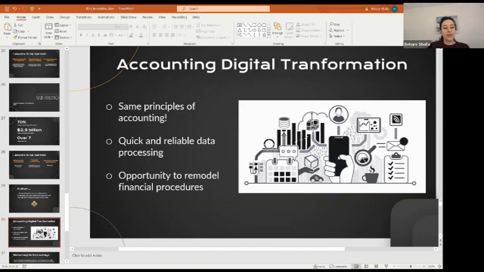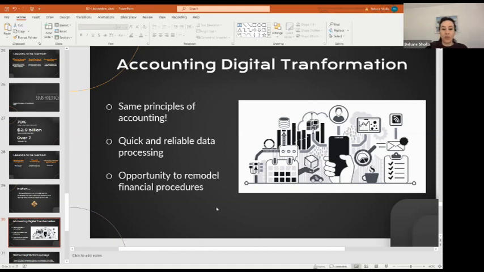I will shortly go through this. Another important and timely topic is related to the digital transformation of accounting. This is very important for both companies and also for accounting as a profession. The good thing is that the principles of accounting are still the same. However, the way that we record and transform data has changed significantly.